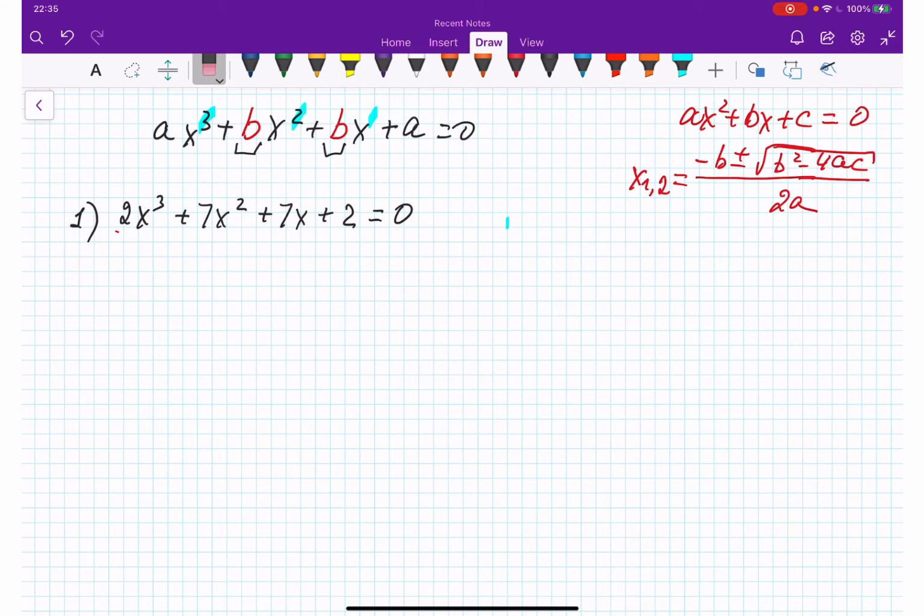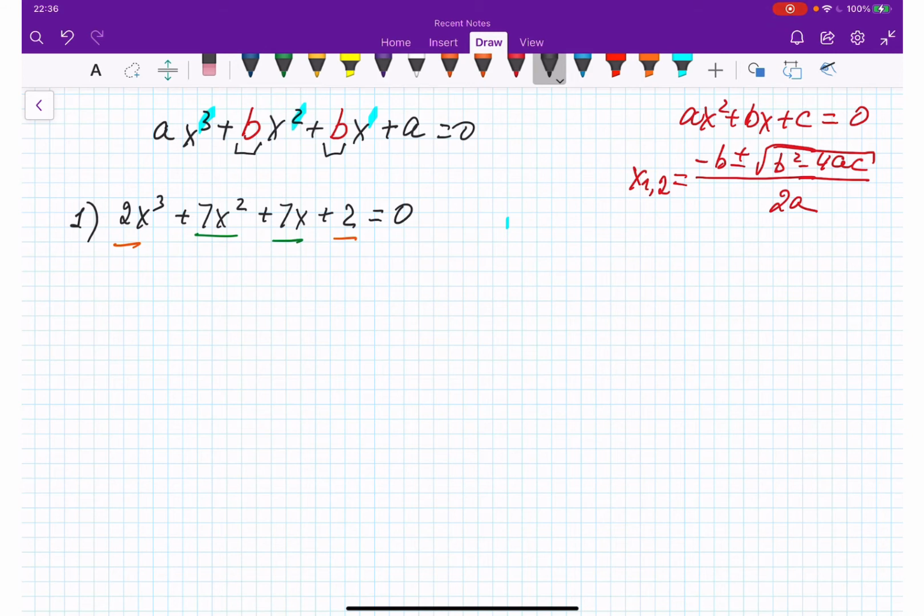I'm going to combine them based on these a and b coefficients. 2x³ and 2 have the same coefficient a, and 7x² and 7x have the same coefficient b. It looks like they aren't like terms, but I am going to combine the two terms that have the same coefficient b and the two terms that have the same coefficient a. And this is what our picture is going to be.